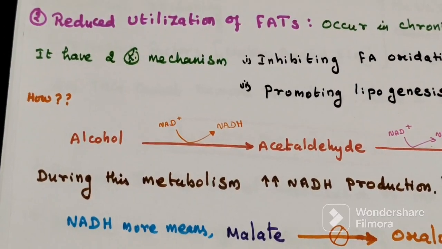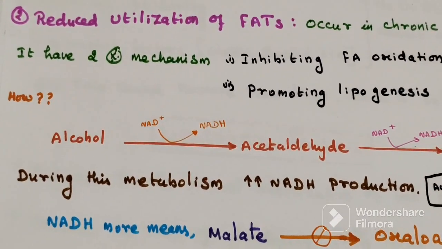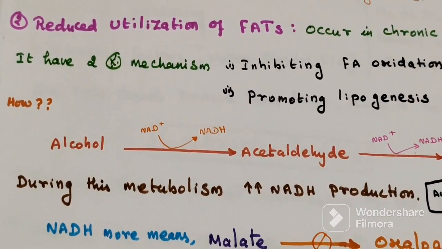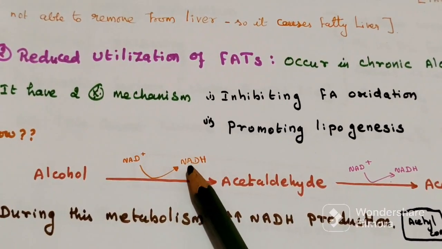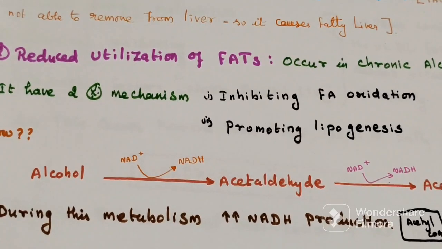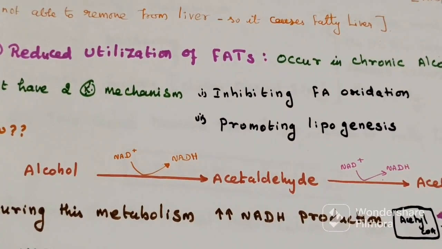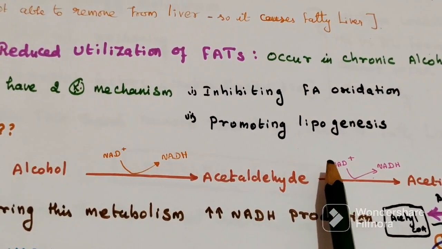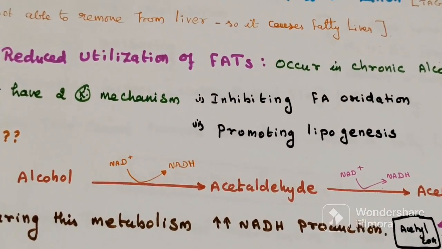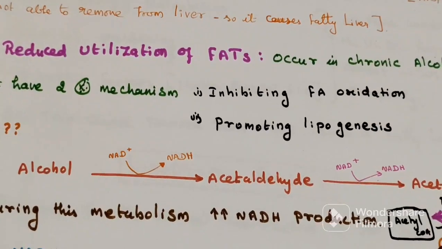During this metabolism, there is increased NADH production. It leads to an increased NADH to NAD plus ratio. So more NADH.